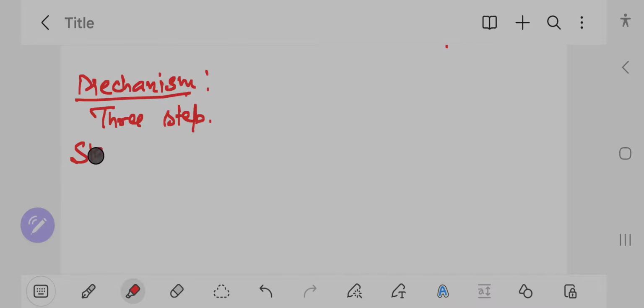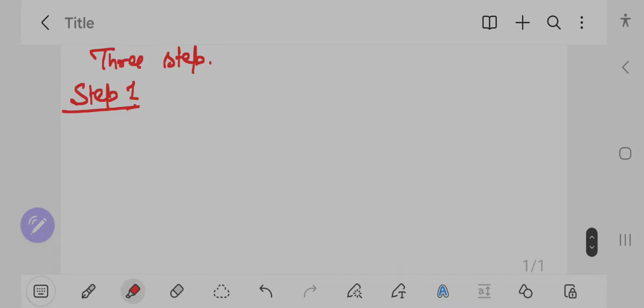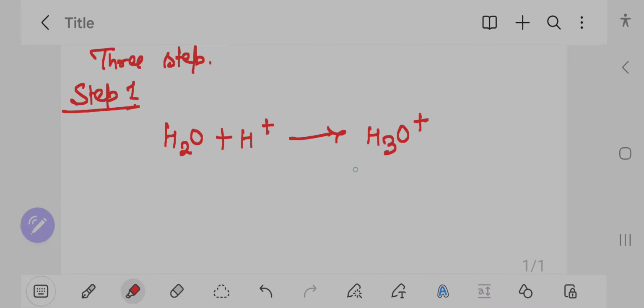In step 1, the protonation of alkene, we can see that this is a water molecule, and when it attaches with a hydrogen ion, we get a hydronium ion.